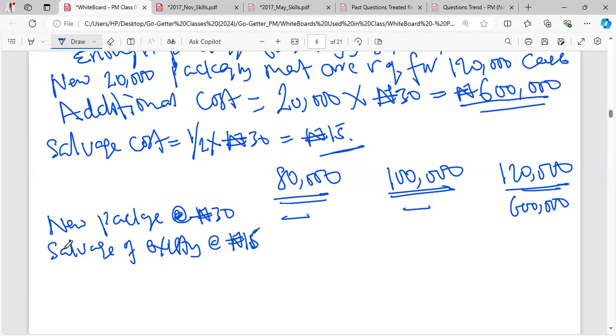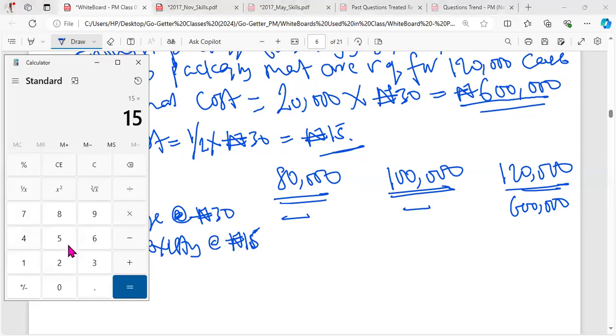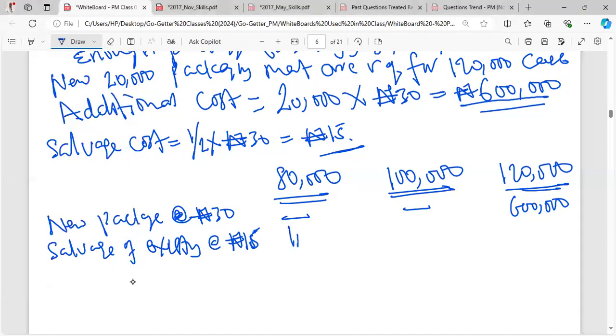So we can only do for 80. So 15 times 80,000. That is 1,200,000. It's going to give me 1,500,000. This should be 1,800,000.